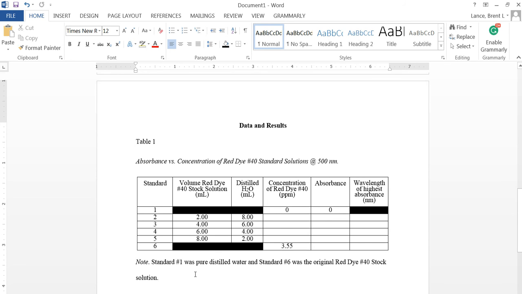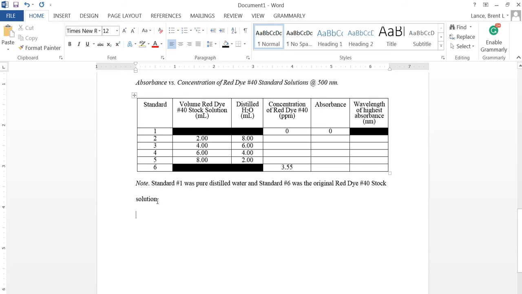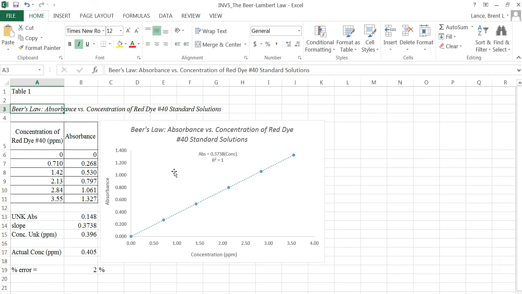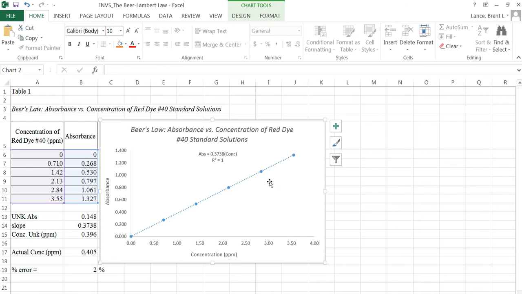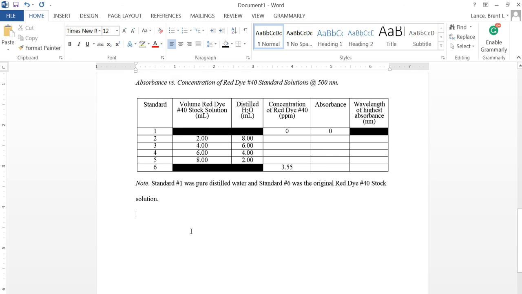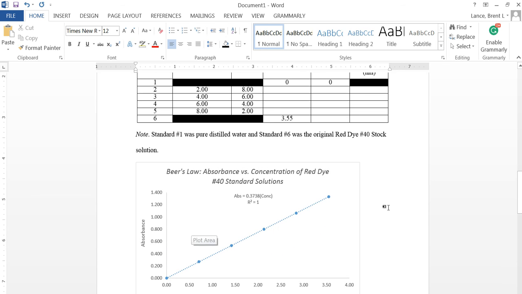And then after you have your table, you have to insert your figure. The way I would like you to do that is, first of all, take your Excel graph that you made, and you can pretty much just copy it from Excel, open up your Word document, and paste it in there, just like that.